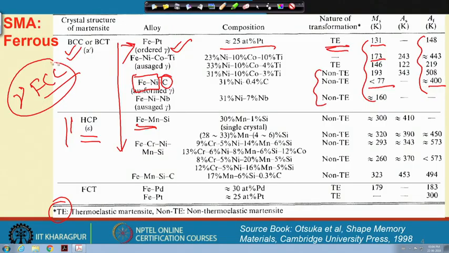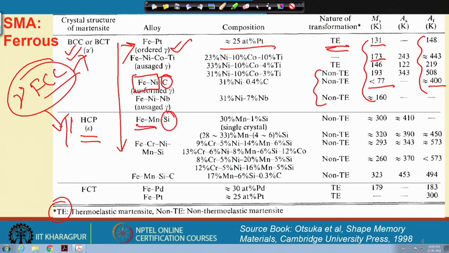Even though we talk about alloy and so on, the plastic strain, the accommodation of the strain, all these things appear because of a phase, where austenite is an FCC phase which transforms into BCC or body center tetragonal, or it can be transformed into a hexagonal close pack martensite structure.